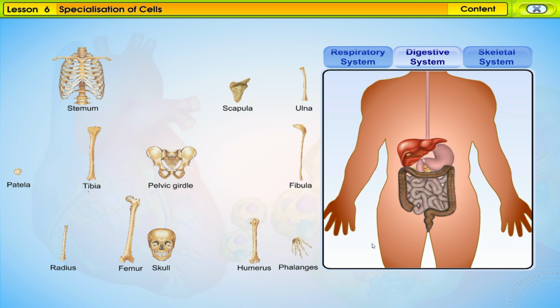The digestive system consists of the esophagus, stomach, liver, pancreas, small intestines, and large intestines.